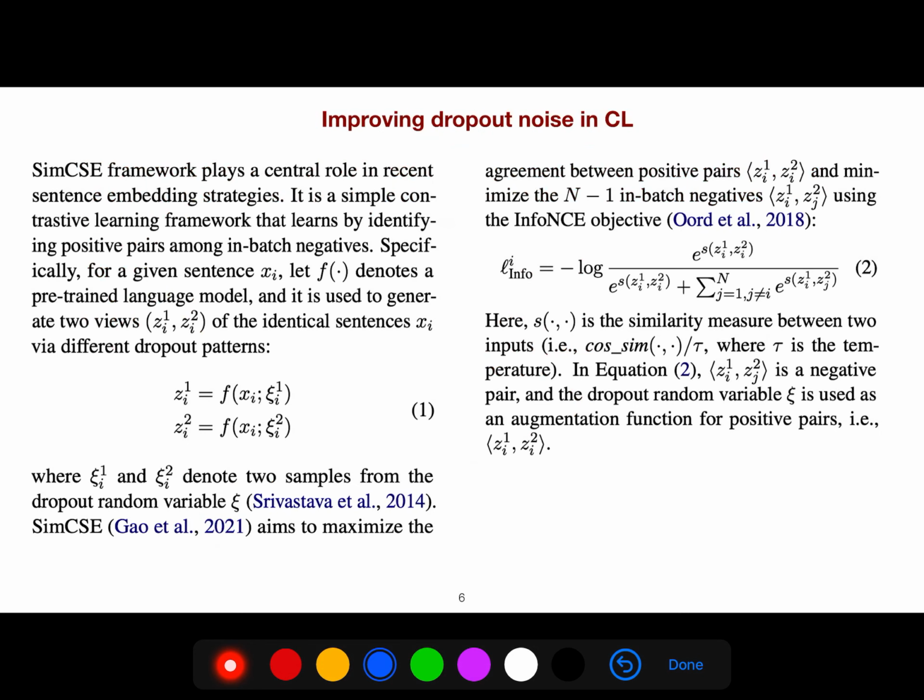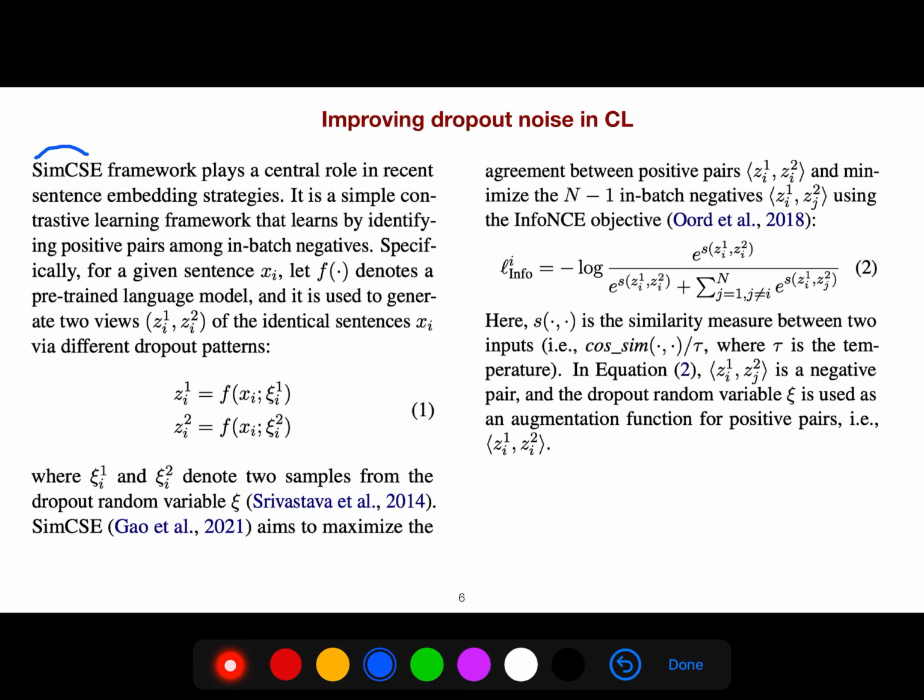But we can improve dropout noise in contrastive learning. SimCSE, which I've explained in a different video in a playlist for contrastive learning, plays a central role in recent sentence embedding strategies. It is a simple contrastive learning framework that learns by identifying positive pairs among in-batch negatives.